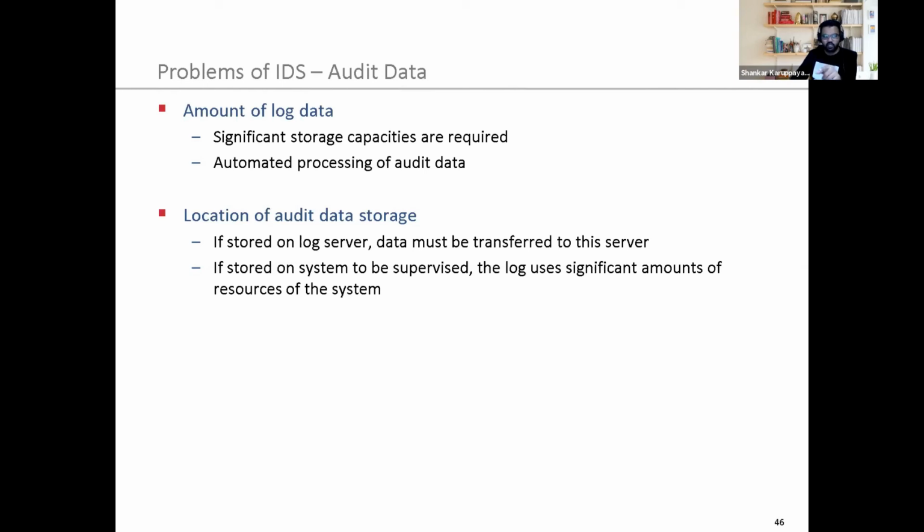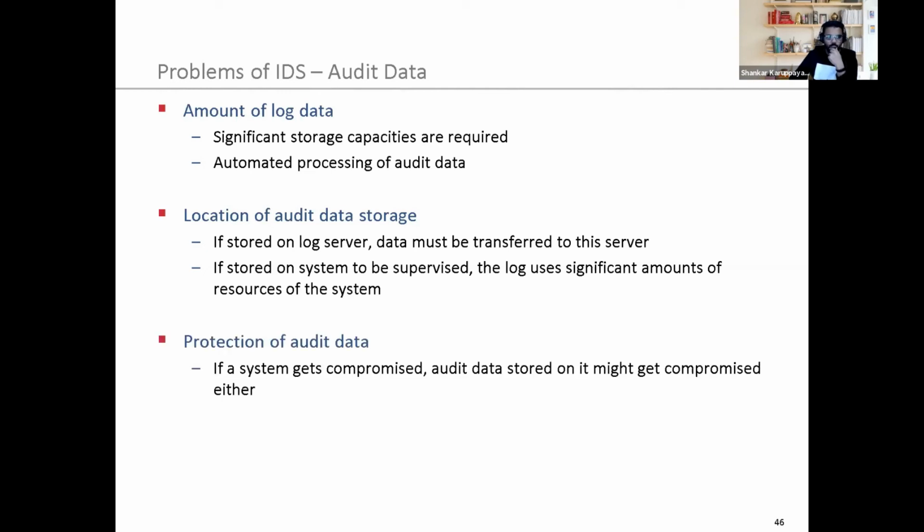Now, if the audit data is stored on a log server, the data must be transferred to this server to be processed. And if it is stored on the system to be supervised, the log uses a significant amount of resources on the system. So you might want to use a different system to store the data compared to the system that you're monitoring.